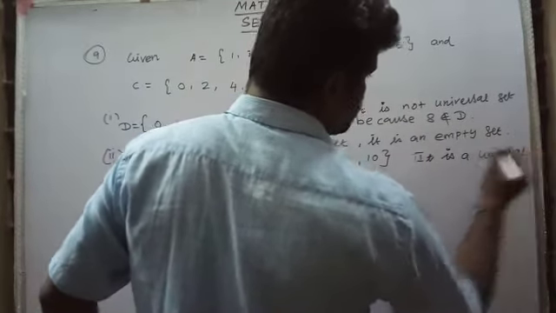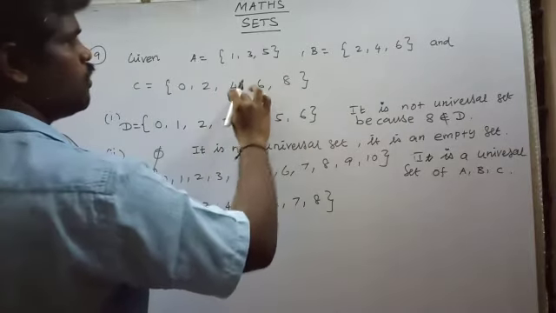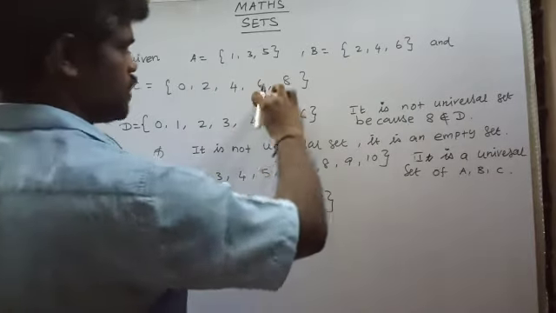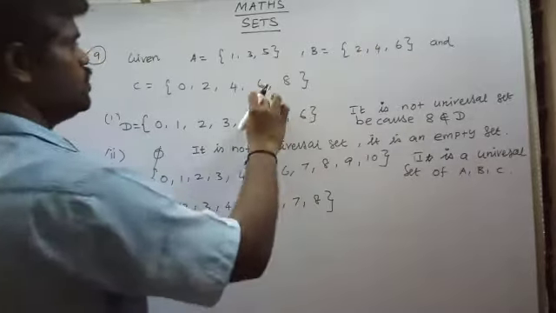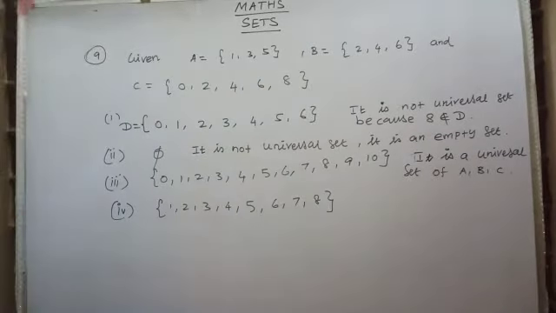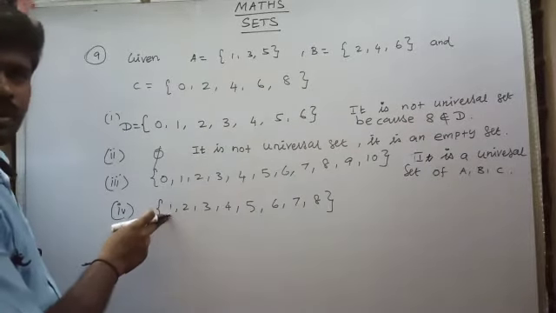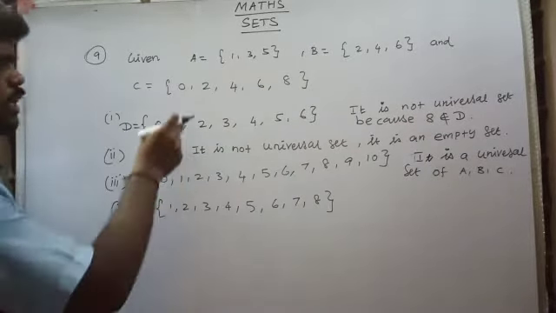And number 4. Here 1, 2, 3, 4, 5, 6, 7, 8. Here 1, 2, 3, 4, 5, 6. There is no 7. 0 is not here. C has 0, but the universal set does not have 0.